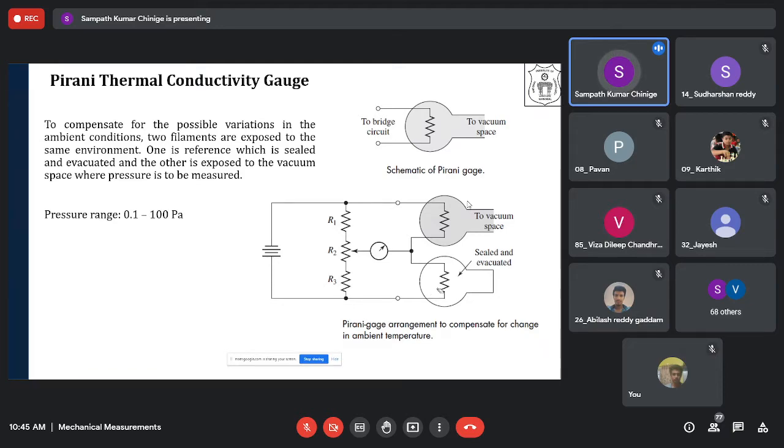So we should make sure that the measurement is only due to the effect of pressure, not because of the effect of temperature also. That is what we are trying to ensure. So we are putting another similar kind of dummy apparatus, and here the initial temperature is the same.